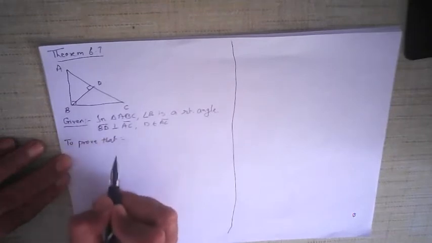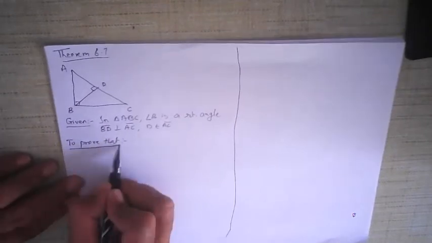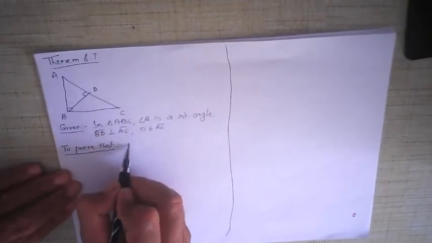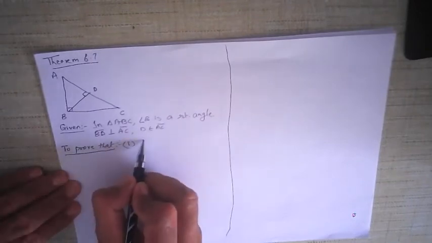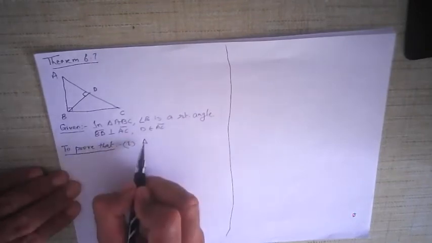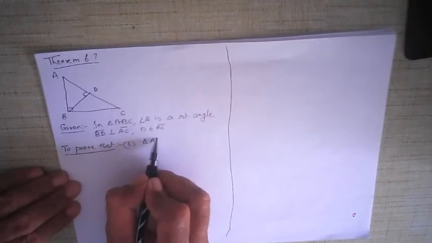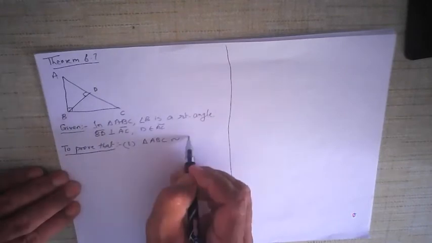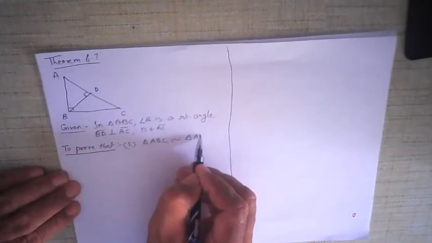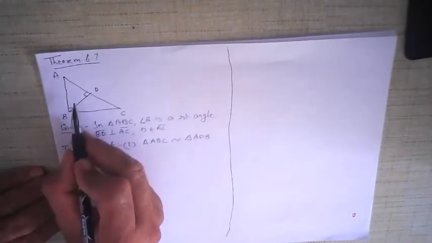Now what are we supposed to prove? We are supposed to prove three things. Number one, the first thing that you have to prove is that triangle ABC is similar to triangle ADB. You can see the smaller triangle ADB.